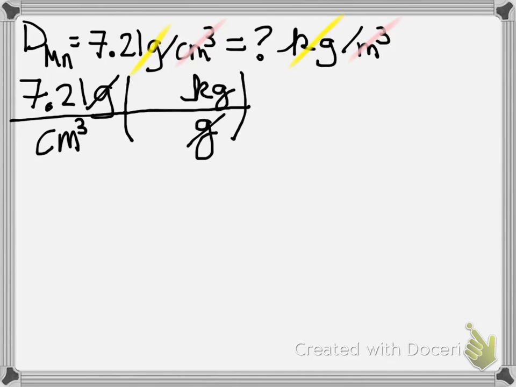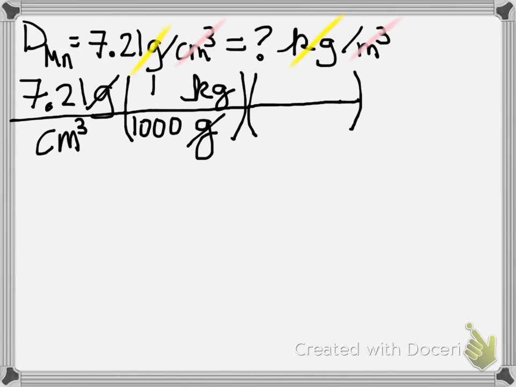Now, if I stop right now, I have kilograms per cubic centimeter, which isn't what I want, but I'm getting closer. A kilogram is larger, and it's 1,000 grams. So now I need to change cubic centimeters to cubic meters.